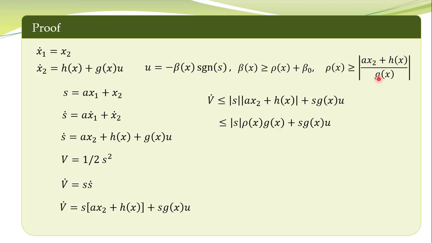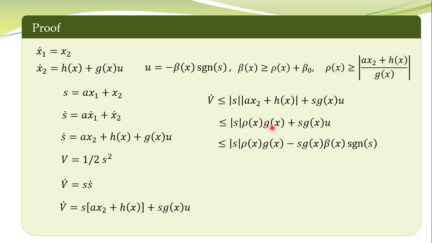G of x is always positive, therefore it can be taken outside this absolute value. So the absolute value of Ax2 plus h of x is always less than or equal to rho of x multiplied by g of x. So this is replaced over here, rho of x, g of x.